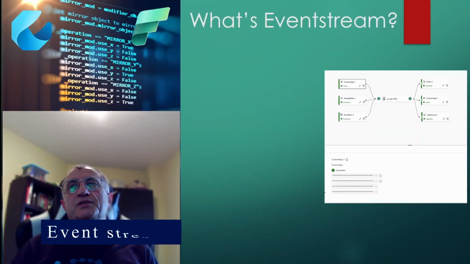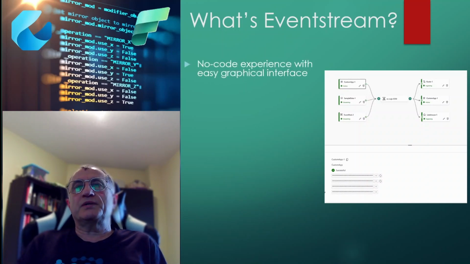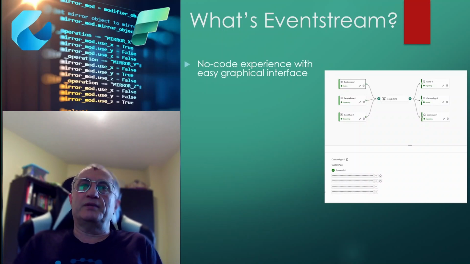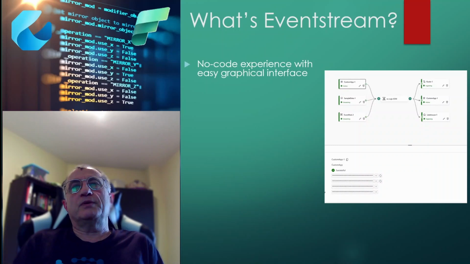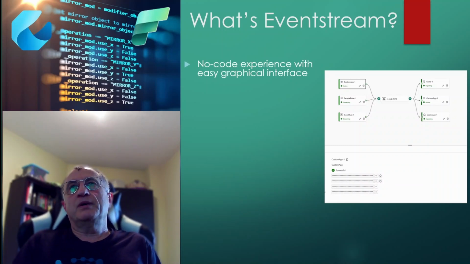So what is event stream in Microsoft Fabric? Event streams represent a no-code experience which allows you to create streaming pipelines using an intuitive, easy to understand graphical interface. Of course, you can use native language to include certain expressions as you ingest your data.